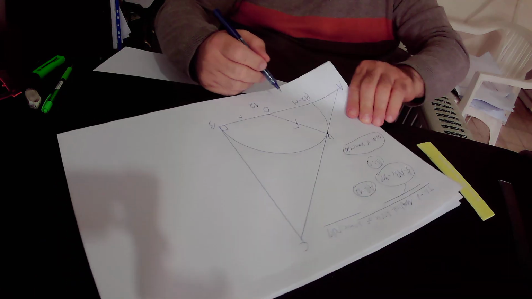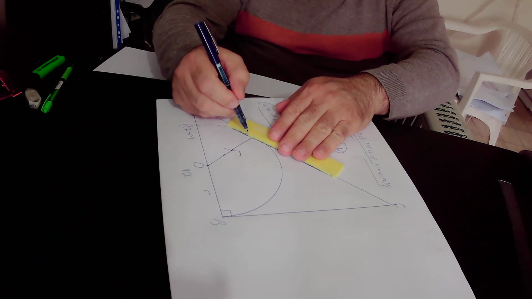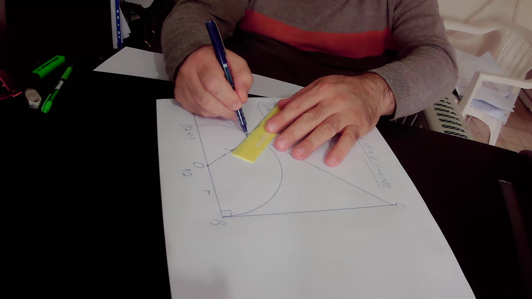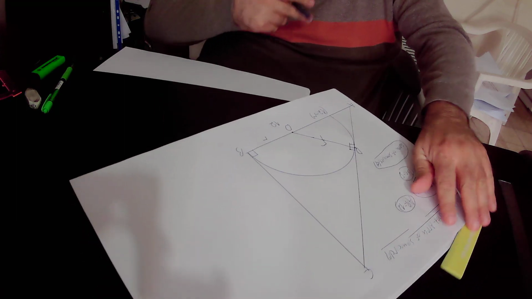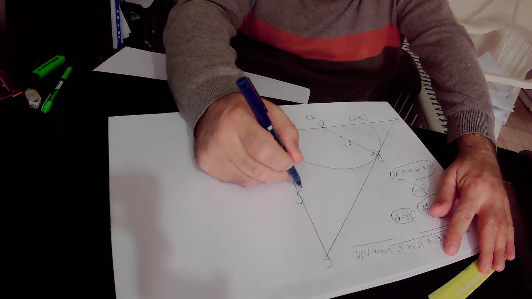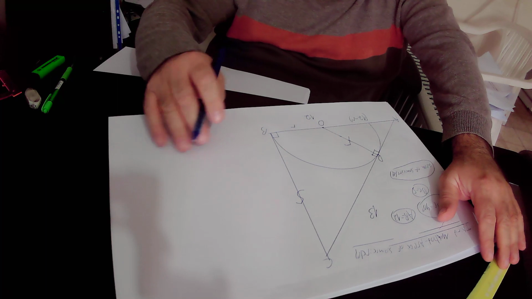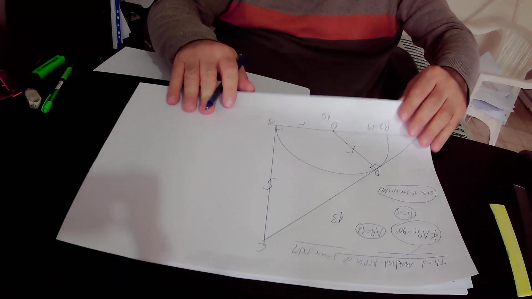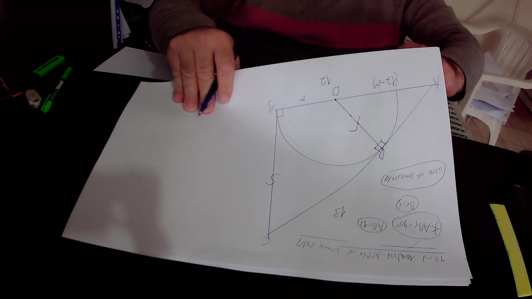We have already found out that those two angles are both right angles. This angle is a right angle, and this angle is also a right angle. And we know that BC equals 5 units, and AC equals 13 units. And now I'll present to you rule number 2.